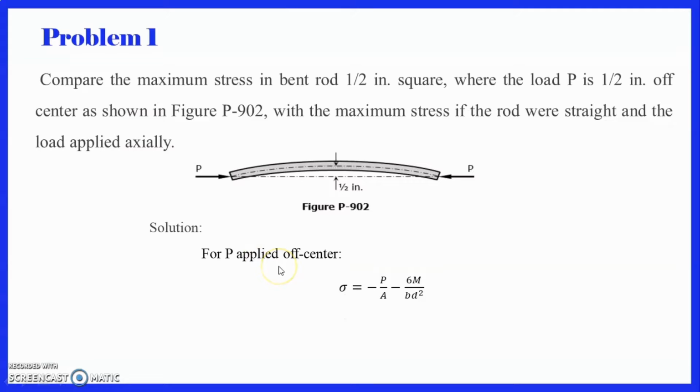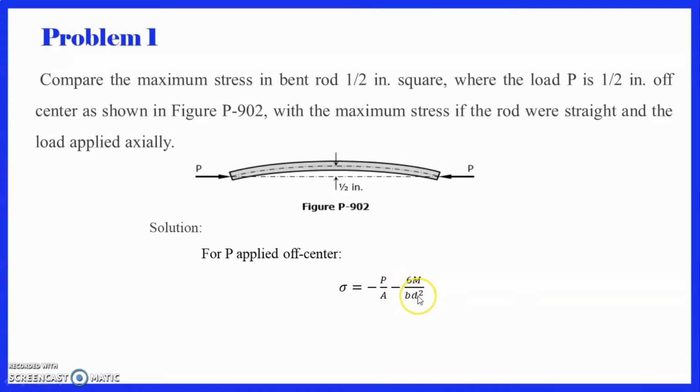So we're going to use this formula, which is sigma is equal to negative P over A, which is our axial stress, minus 6M over BD squared.